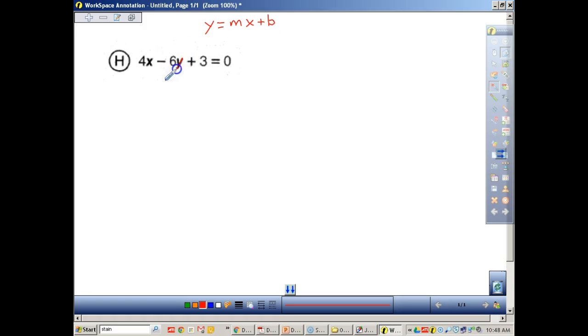So we need to get y by itself, which means I need to subtract the 4x and subtract the 3 on both sides. And divide by -6 both sides.